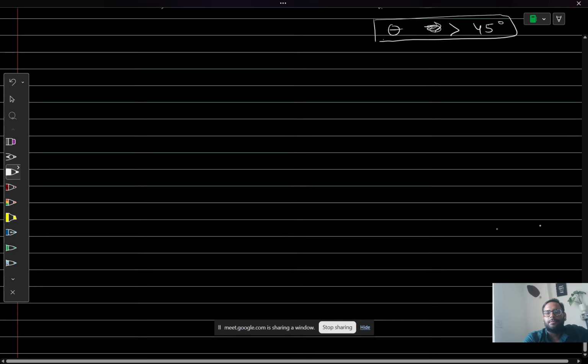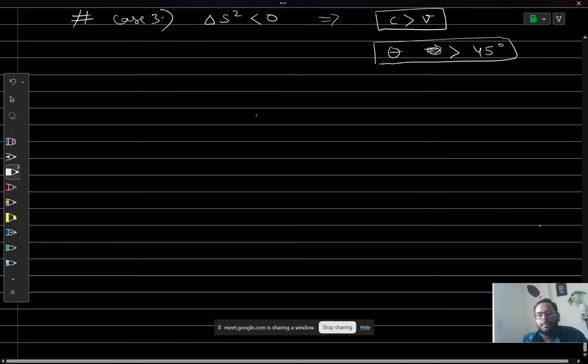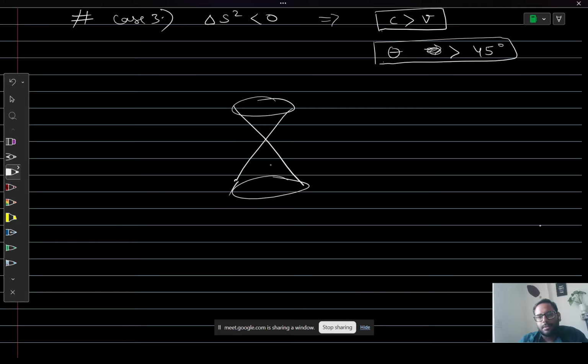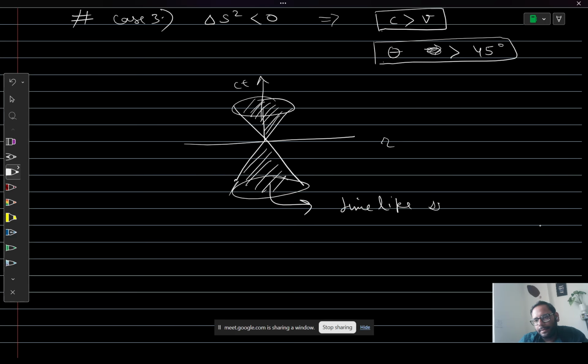So you can see that in this cone, this is the cone, and this is suppose r, and this is the ct time axis. This particular cone, inside of it, is the time-like separated region, where your ds square should be less than 0.